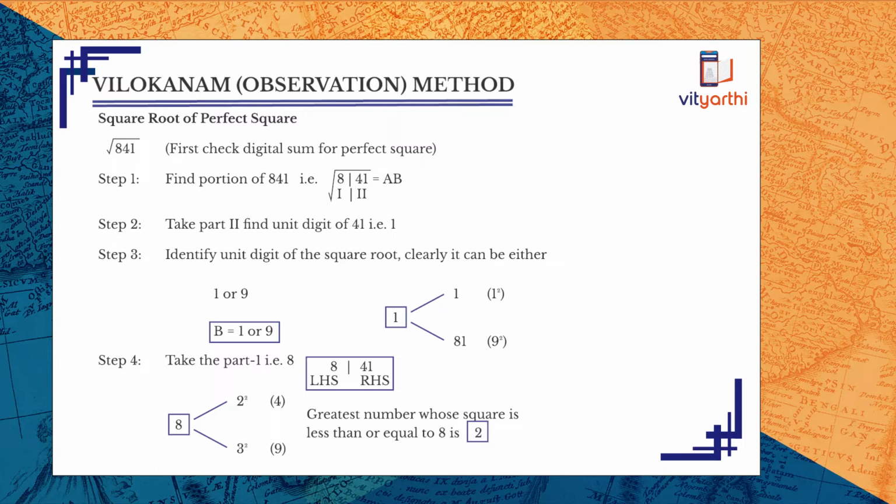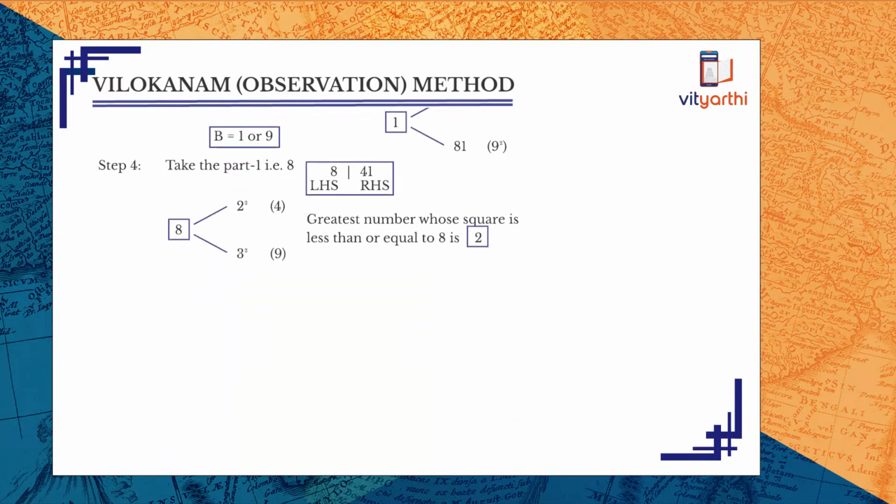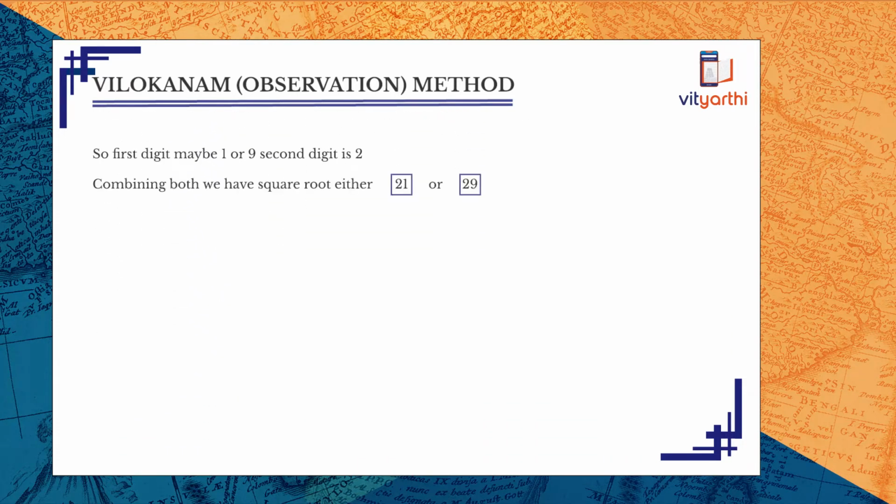Now 2 square equals 4 and 3 square equals 9, which is near the value 8. So we will take 2 square equals 4 as the greatest square less than or equal to 8. Therefore, A equals 2. Now we have AB equal to 21 or 29.